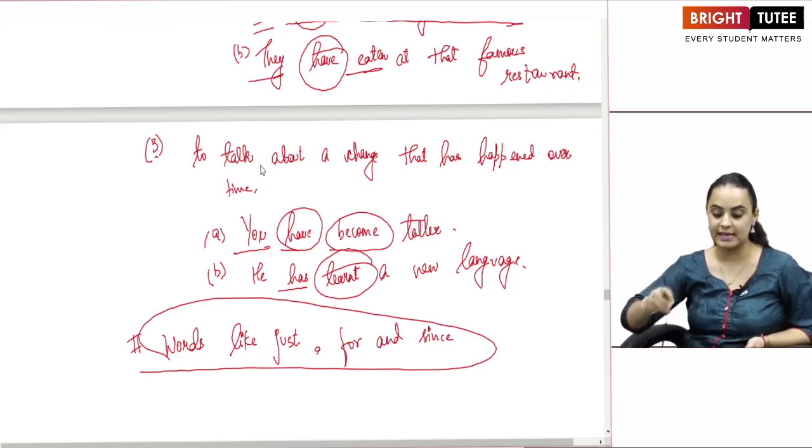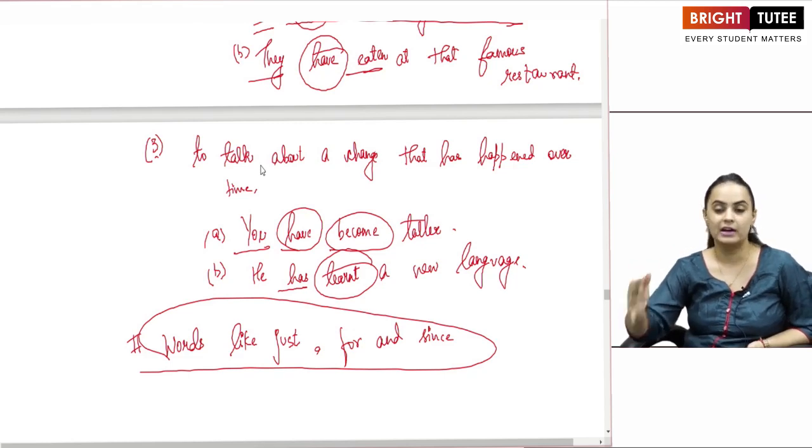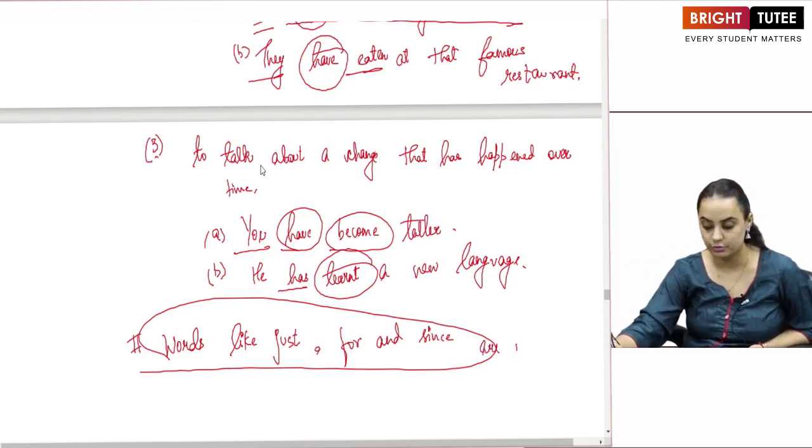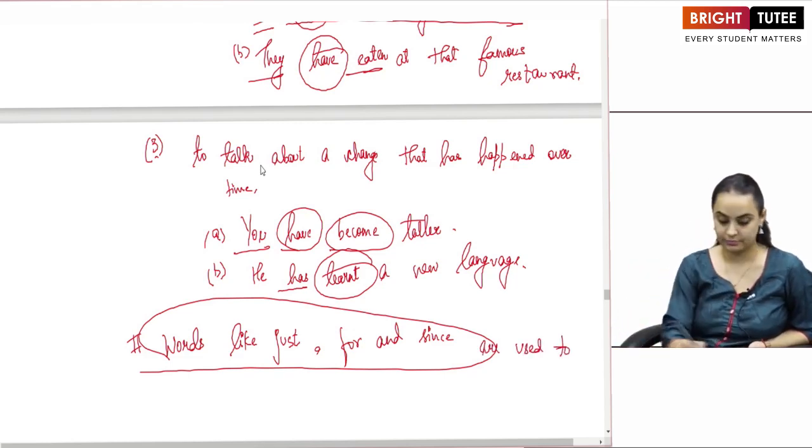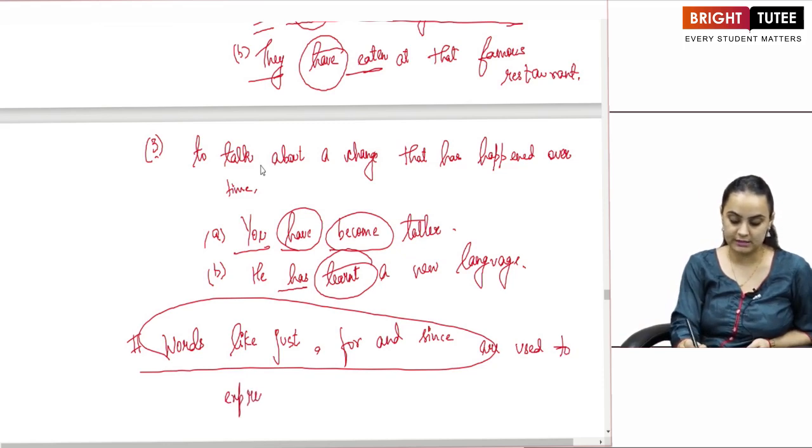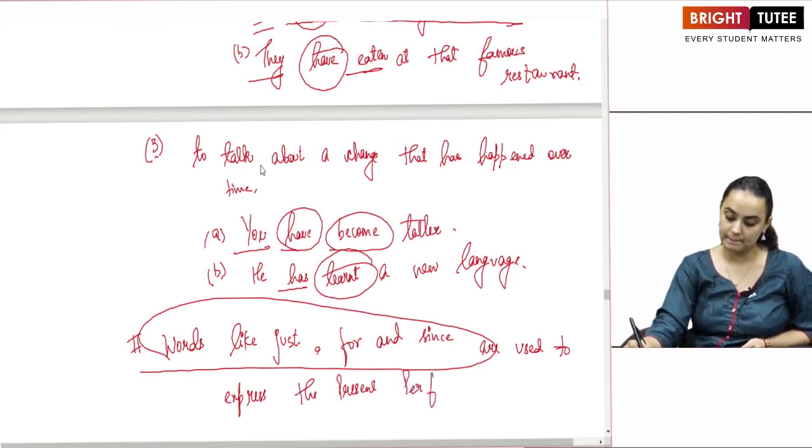So words like just, for, and since are used to express which tense? The present perfect.